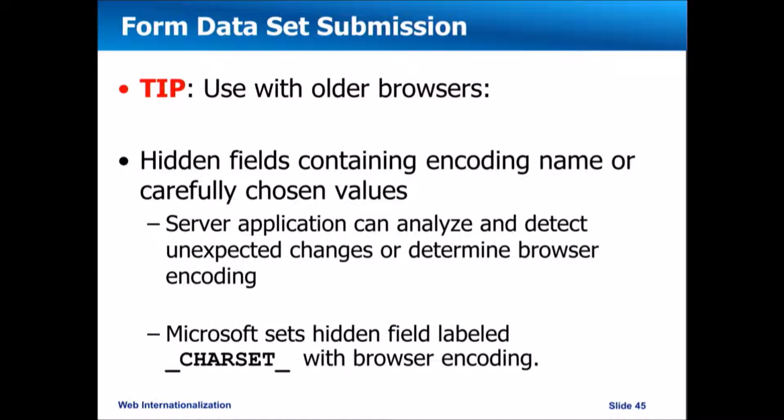At the very least, you may want to check that the user hasn't done something to change the encoding of the page. If you're working with Microsoft browsers, they have this nice little feature where if the name of the hidden field is _charset_, then it returns the actual encoding, the Windows or the Microsoft name for the encoding. So that's nice, but it only works for their browsers.